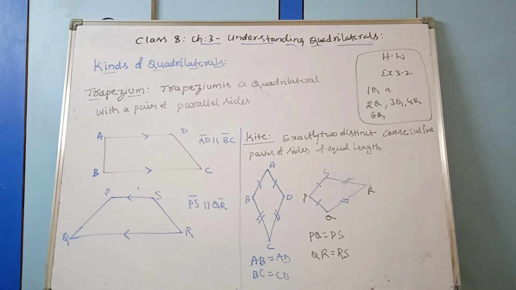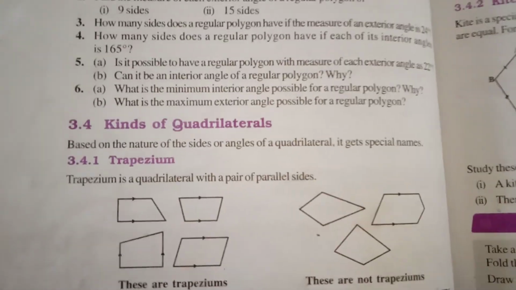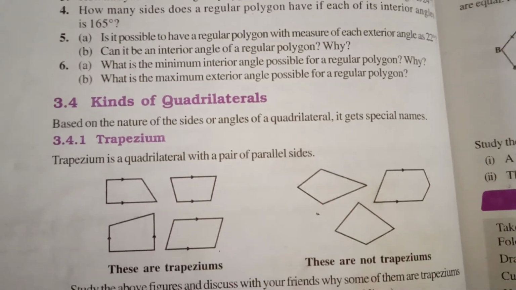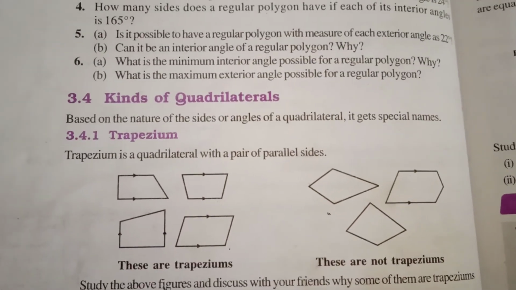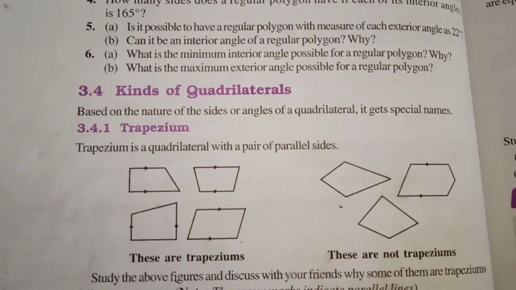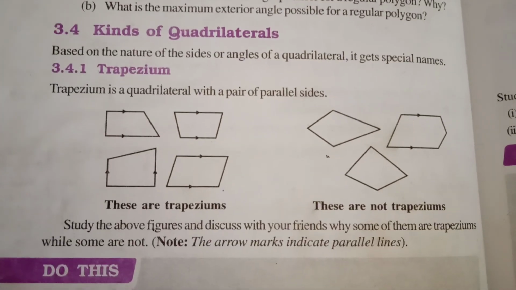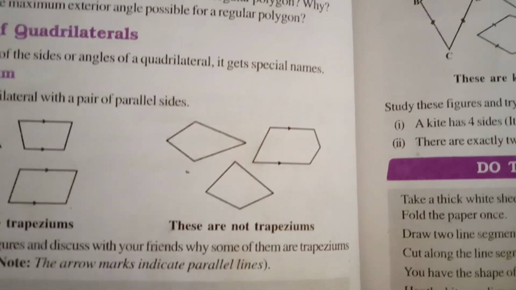Now you see the types of quadrilaterals. A trapezium is a quadrilateral with a pair of parallel sides. These are trapeziums and these are not trapeziums.